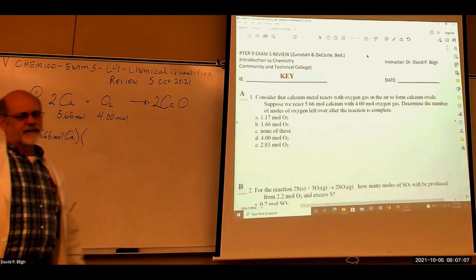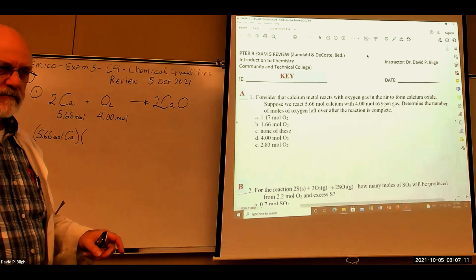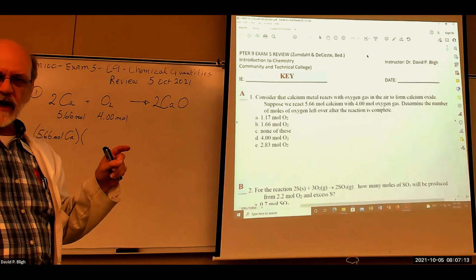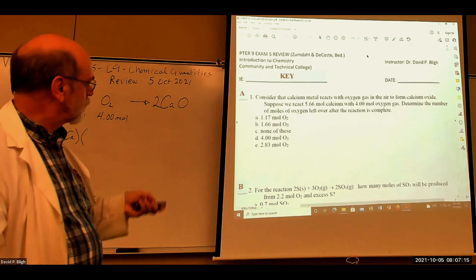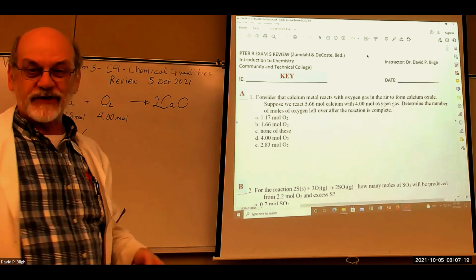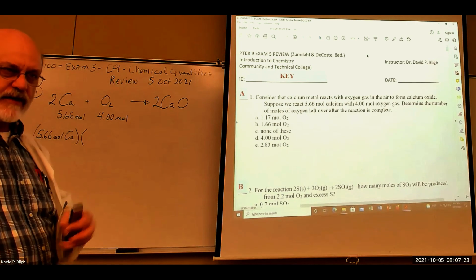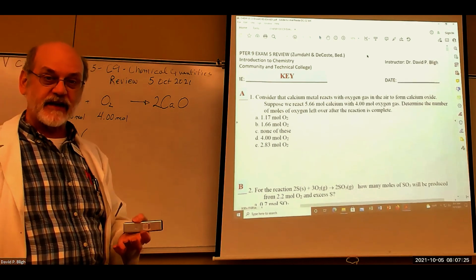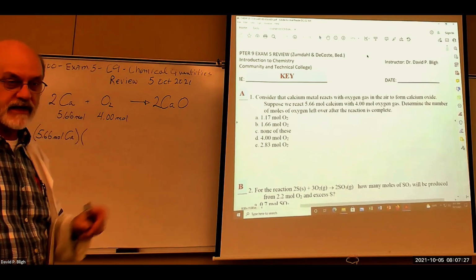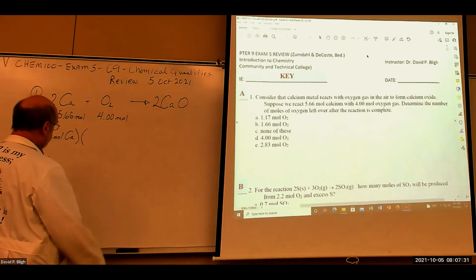Well, that's one way to solve the problem. But the question is not calcium oxide, right? The question is, how many moles of oxygen are left over? So that assumes that oxygen is in excess, but I wouldn't take it at face value. Let's look at it this way.